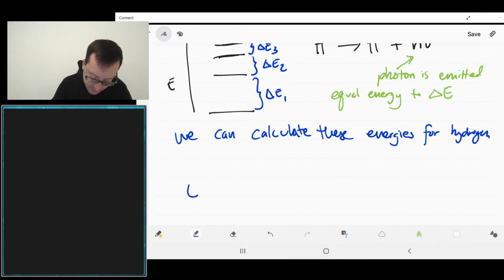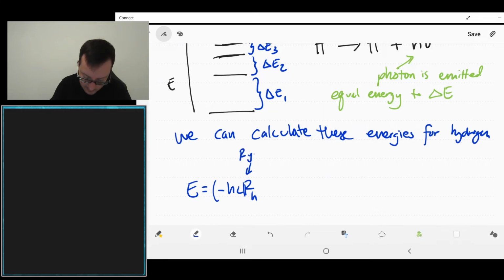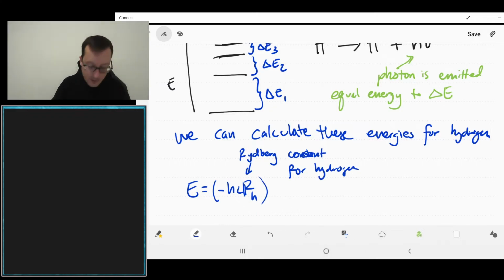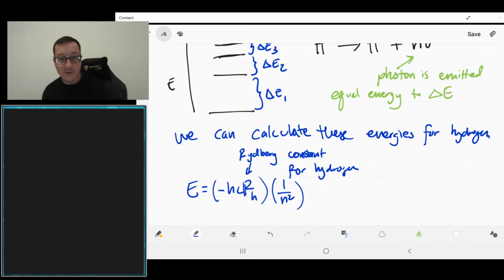So the energy of the photon is going to be three constants, which I don't remember one of them. This is the Rydberg constant. It's going to be that value times 1 over n squared, whatever n happens to be.